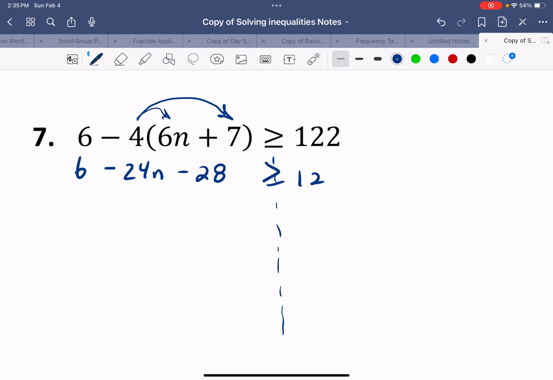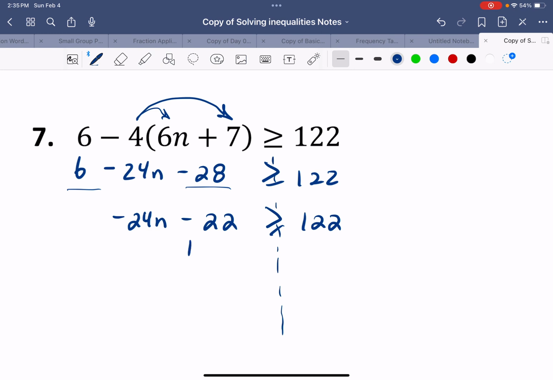And 122. Okay, well, I'm looking at this and I'm going, oh, look, I've got like terms right here. And when I combine those together, I'm going to get negative 24n minus 22 is 122. Then I'm going to add my numbers to both sides. And I get negative 24n is greater than or equal to 144.